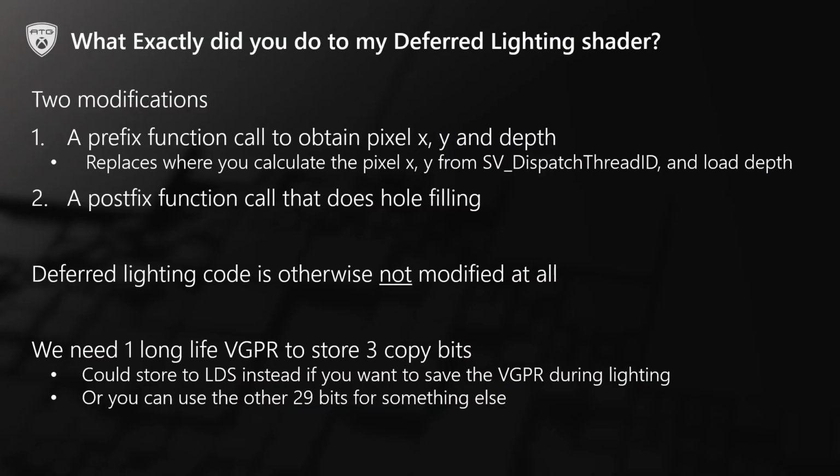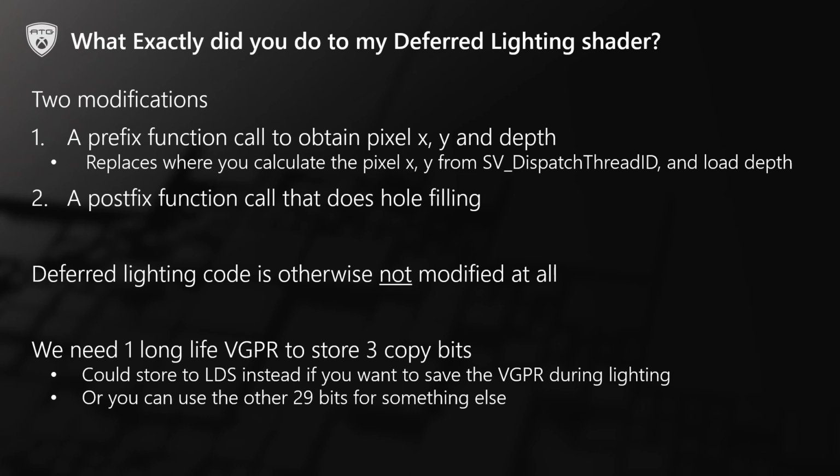So another key consideration was that this should be something that's easy to retrofit into an existing engine. We should not have massive amounts of intrusive code. So we had to make two modifications to the deferred lighting shader. The first was a prefix function, and all it does is obtain the coordinate of the pixel that we're going to light and depth, and then a postfix function which does the whole filling after.